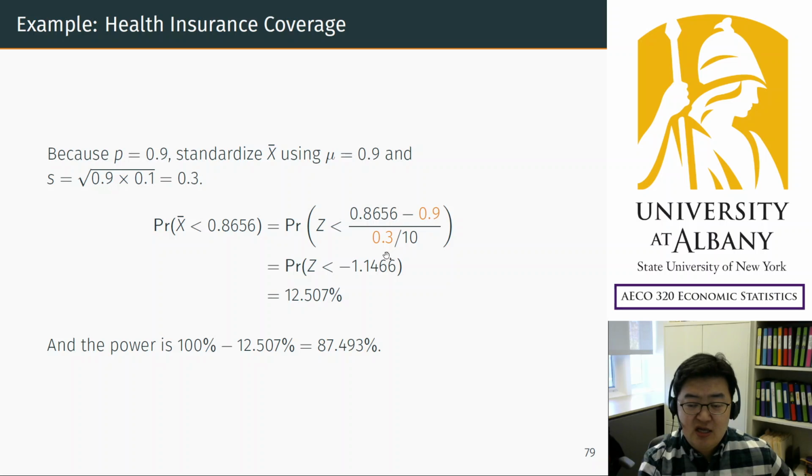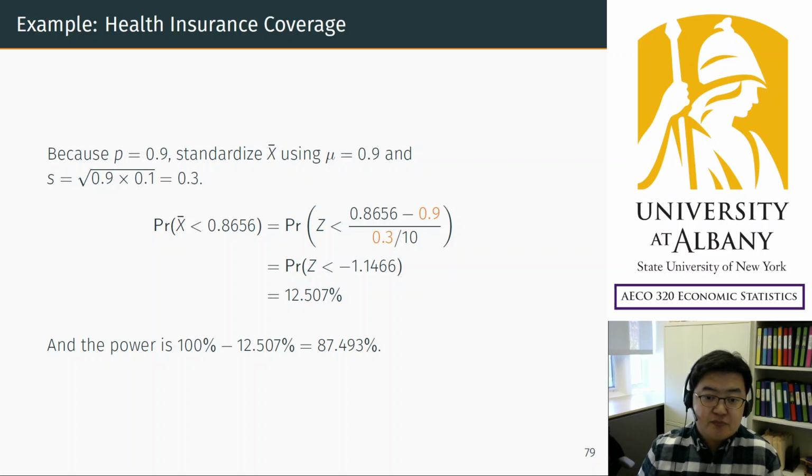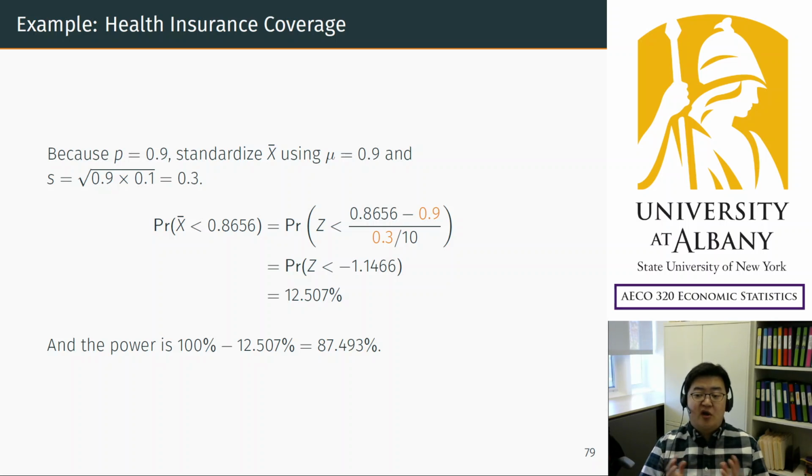And then you know how to calculate this. Standardize with those specific numbers. And then you get z smaller than minus 1.1466. Using the calculator, you get 12.5%, which is the type 2 error probability.